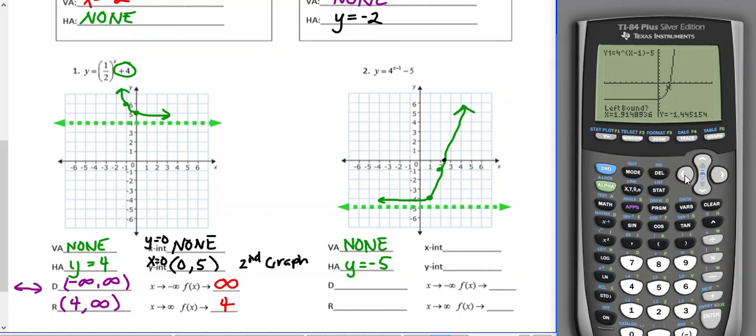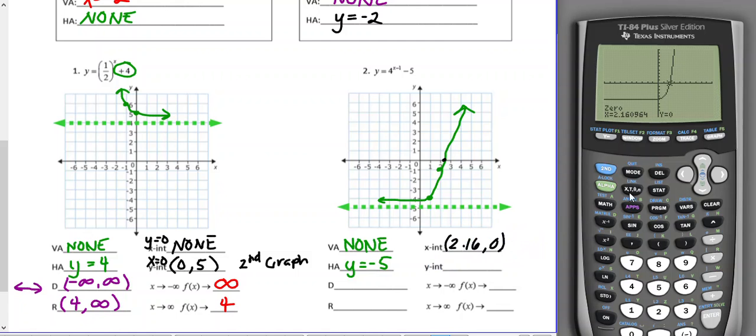Left bound, we go left 2, enter. Right bound, we go right 4, enter. Guess, enter. So in this case, my x-intercept is at 2.16, 0. You must write it as a point.